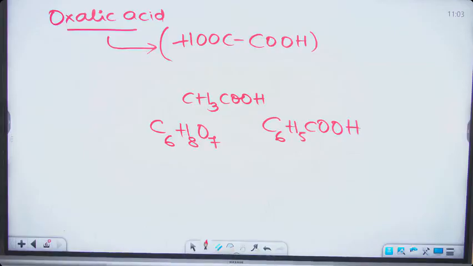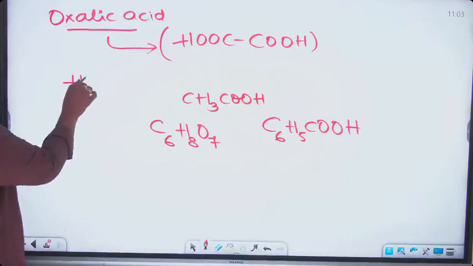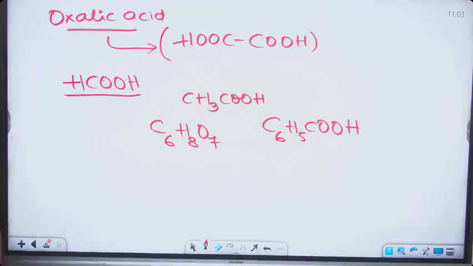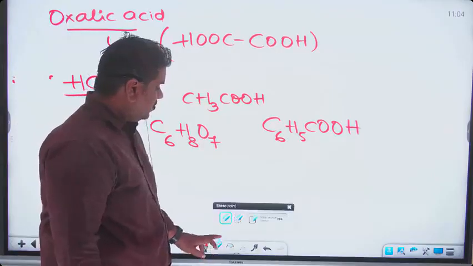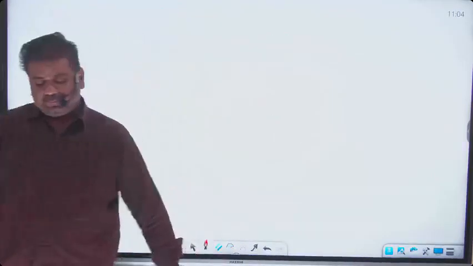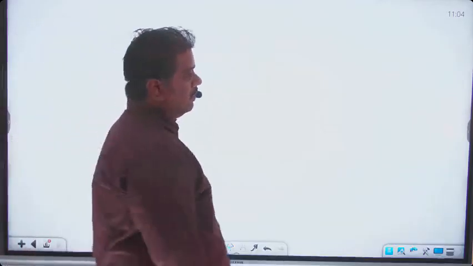The next one, formic acid. It is used in the making of insecticides, in the processing of rubber, and also in leather industries.